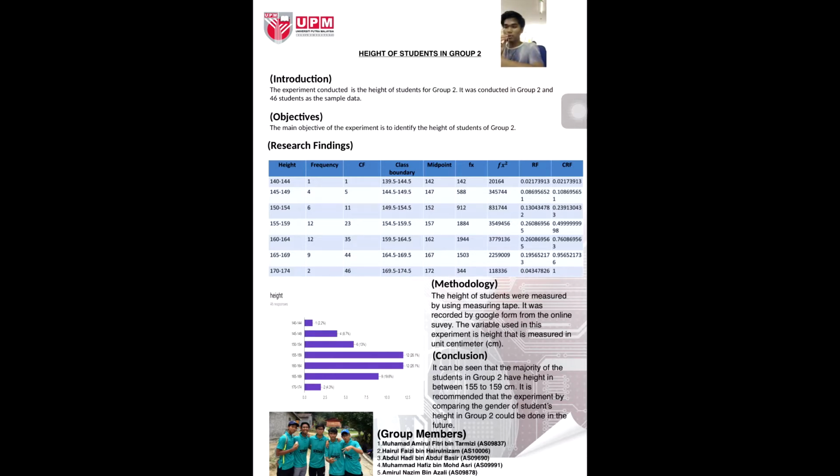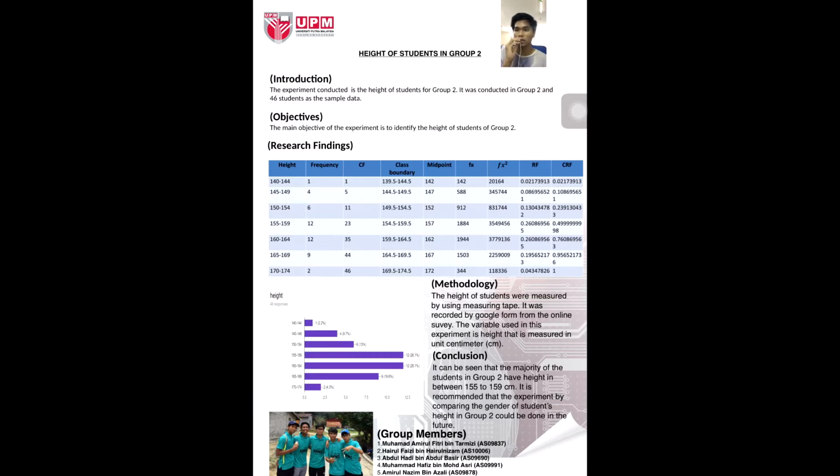Okay, for the last part I'm going to explain about the methodology, how we did our research. Basically, everyone has to use either a measuring tape, or they can go to the nearest place to get their height recorded.